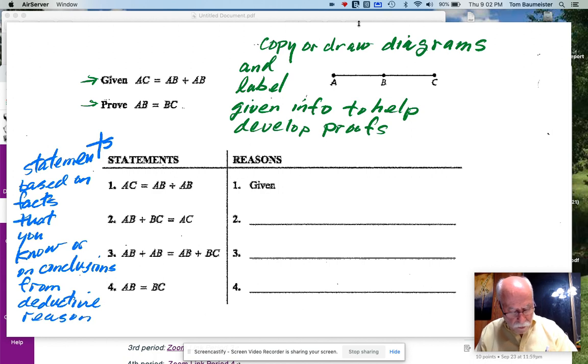And remember, that can be from postulates, which are statements we assume to be true, or previously proven theorems.